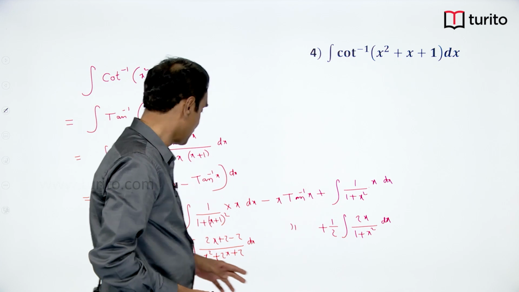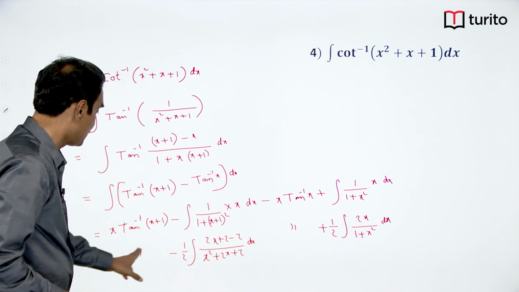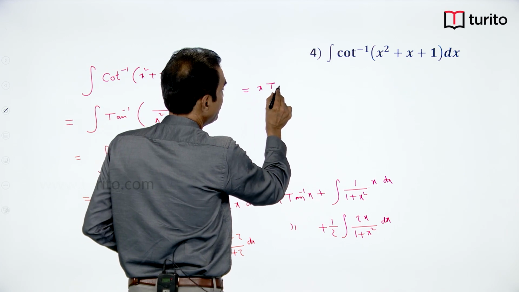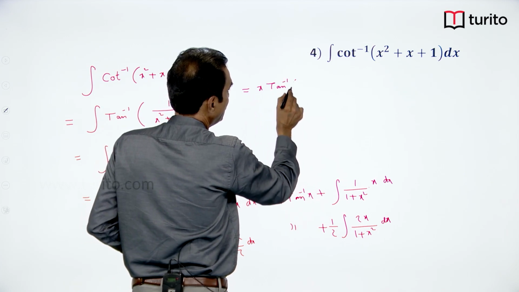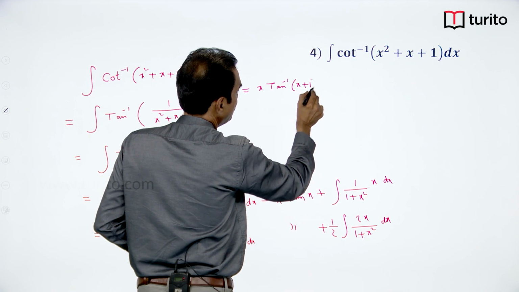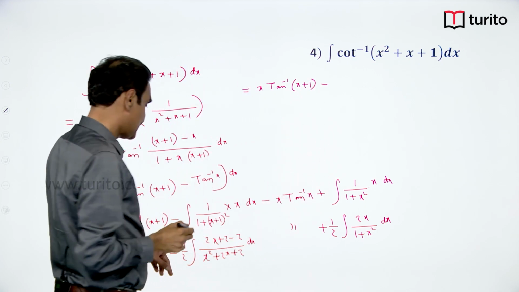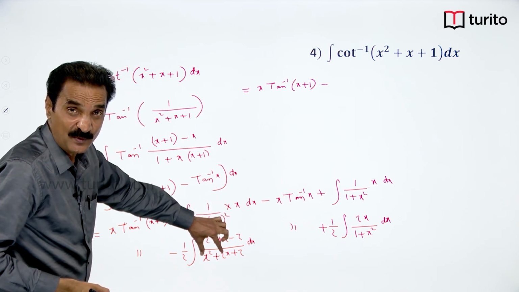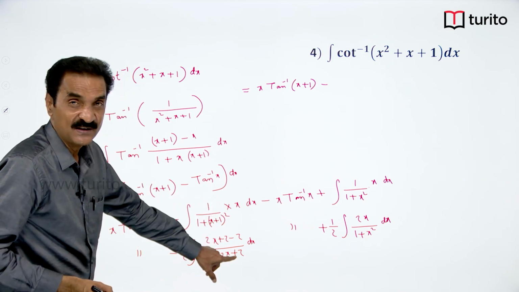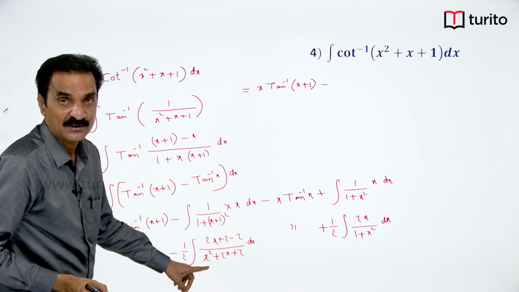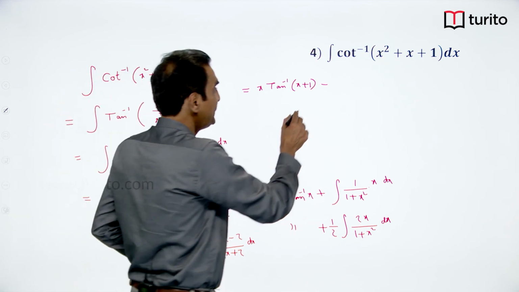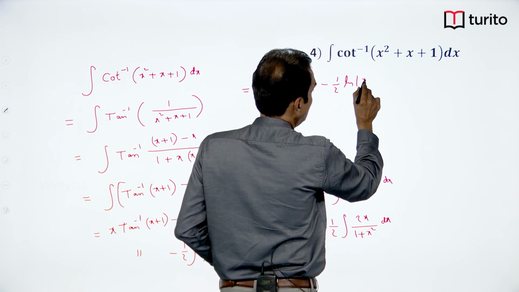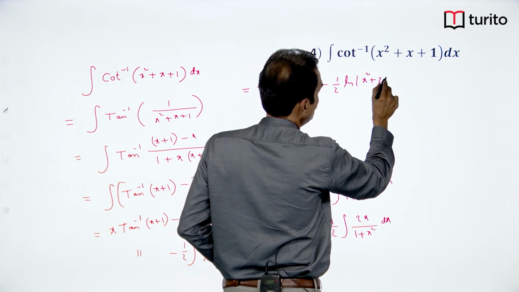Log mod f x. So, here x tan inverse x plus 1 minus, if you separate, integral of 2x plus 2 by x square plus 2x plus 2 will be f dash x by f x, log mod f x. So, minus 1 by 2 log mod x square plus 2x plus 2.